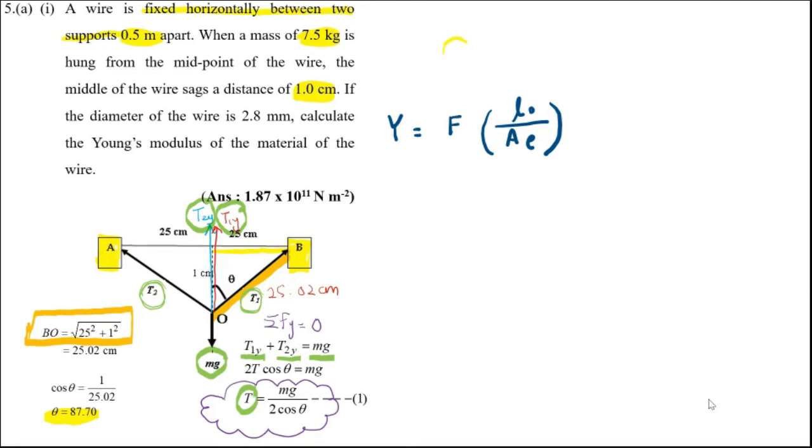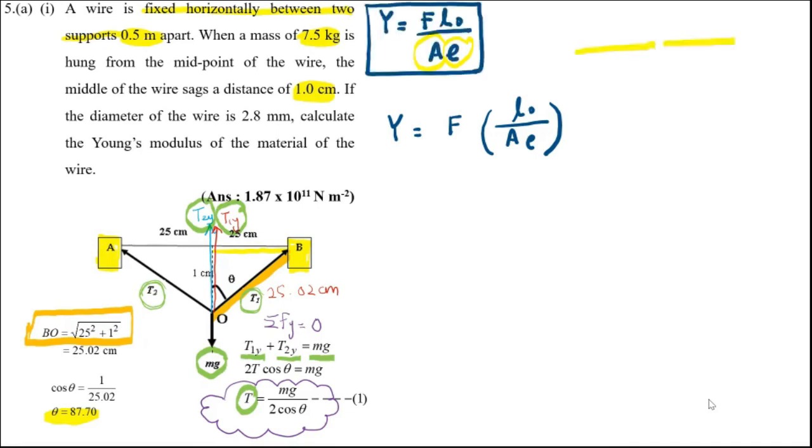So for the elongation, how do we find the elongation? We are using 25.02 minus 25.0. Where is actually 25.02? 25.02 is here, the distance of OB.